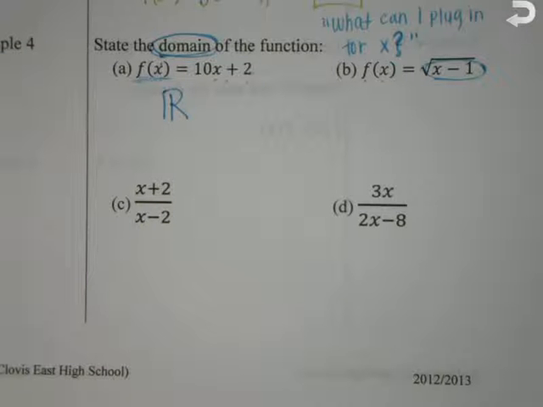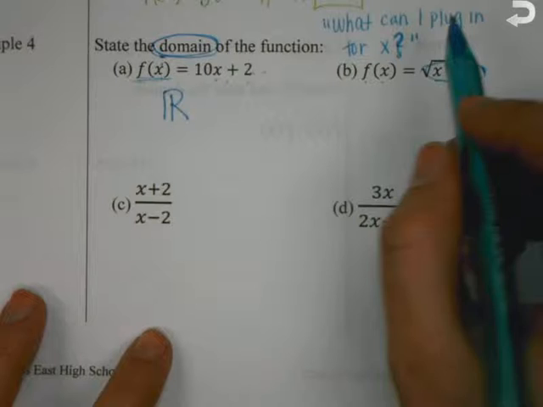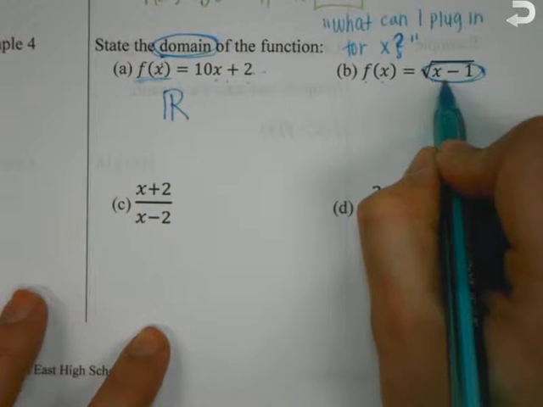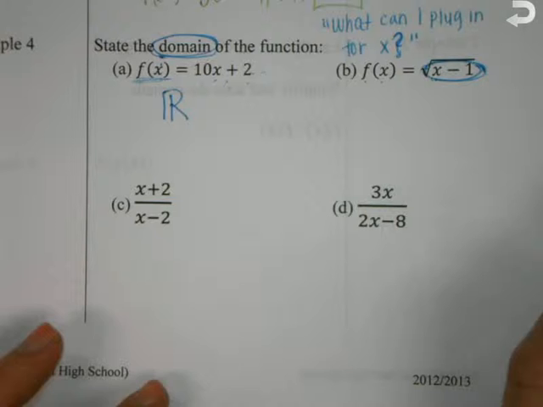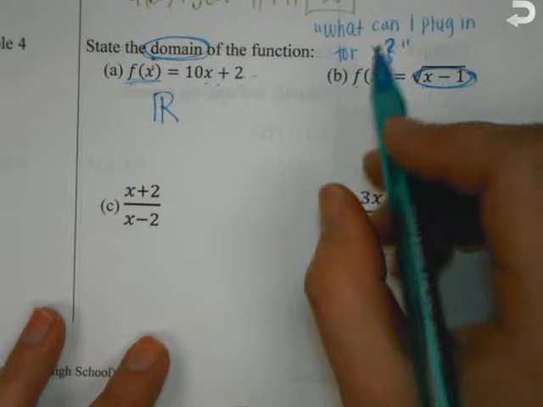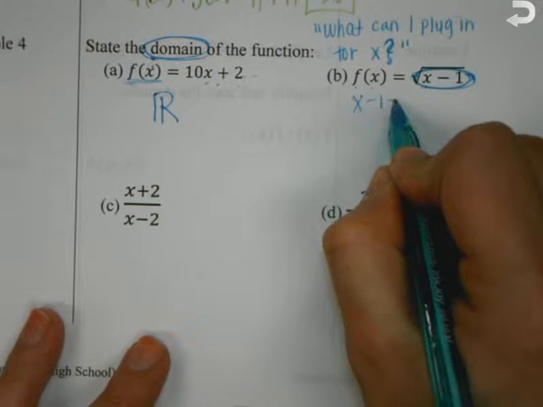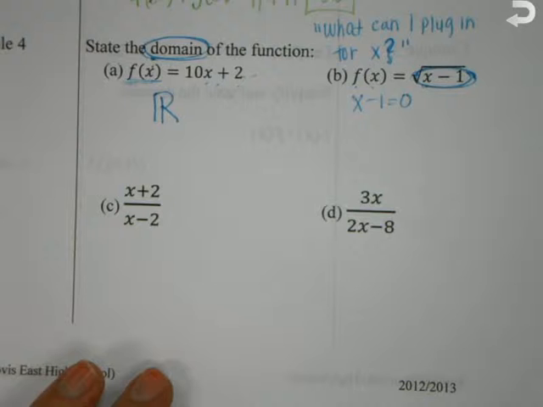So I need to figure out what x makes that inside 0, and I can plug in anything bigger than 0. So with square roots, we set the whole inside equal to 0. So x minus 1 equals 0. Add 1 to both sides. So we get x equals 1. Now when I plug 1 in for x, that gives me 0.